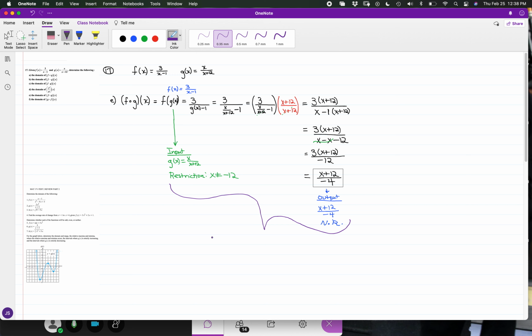And between the input function and the overall output, the only restriction is going to come from the input. So the only restriction is that x cannot be negative 12.